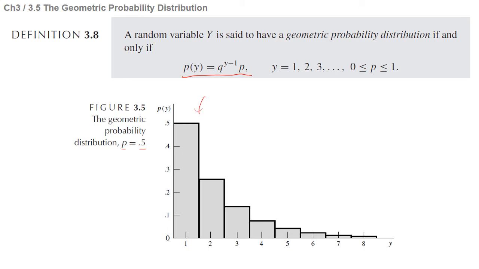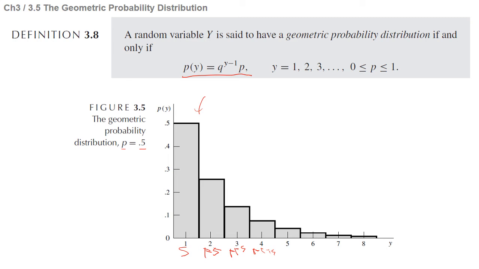The success from the first time is 0.5. Then the first time you fail but succeed next time, or fail, fail, success, and so on.